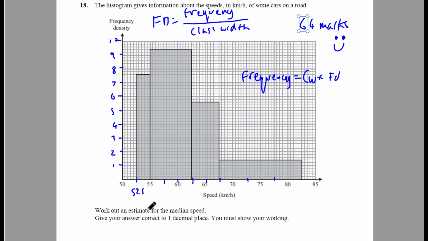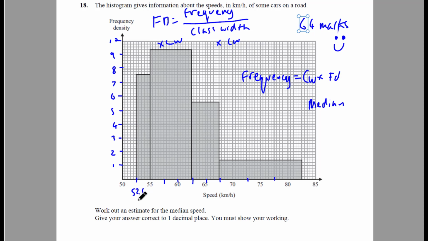So to work out an estimate for the median speed, we're actually going to need to find the frequency so that we can find the median. So if frequency density equals the frequency divided by the class width, then if we times both sides by the class width, we'll get the frequency.